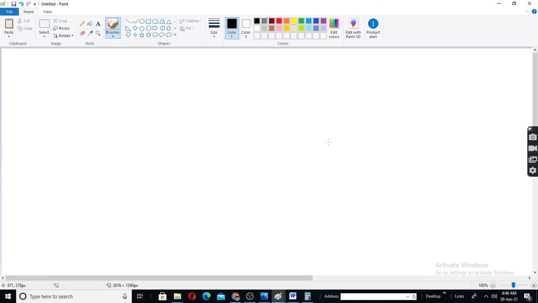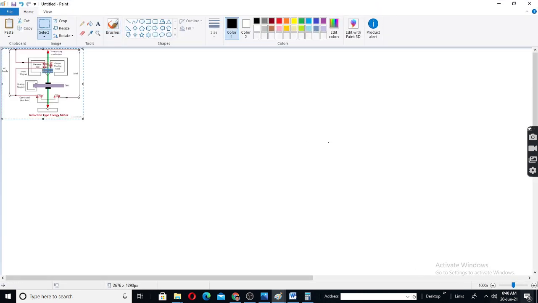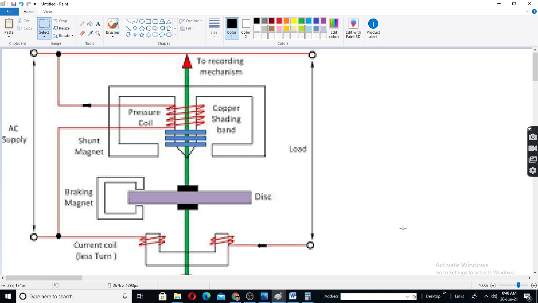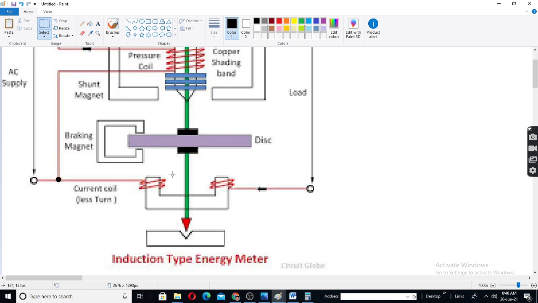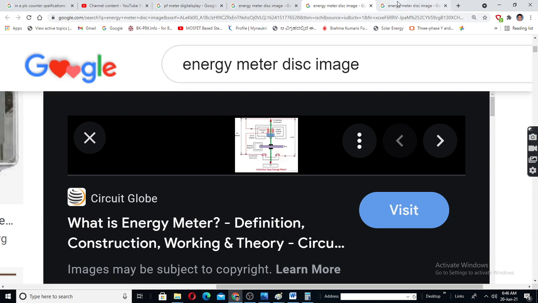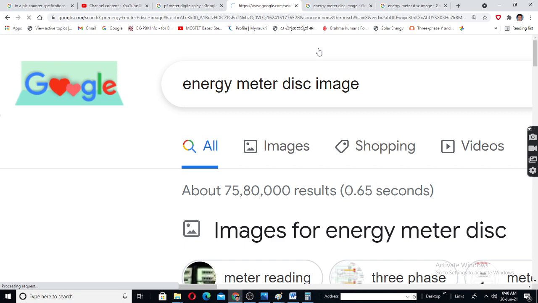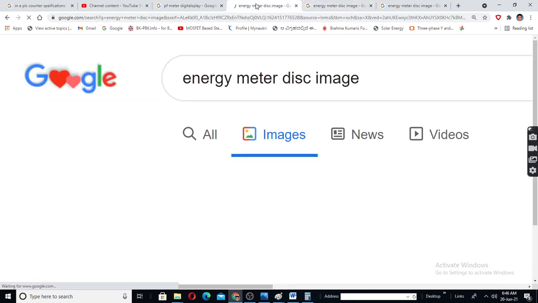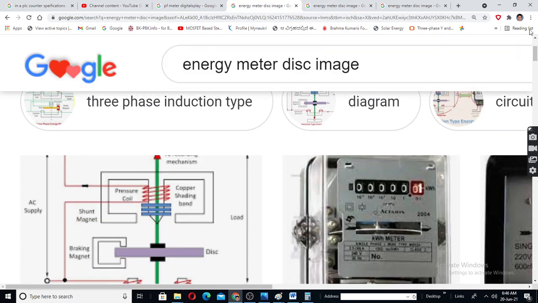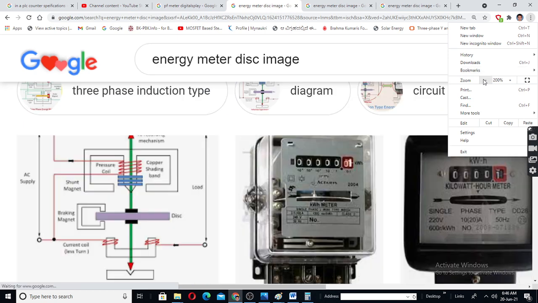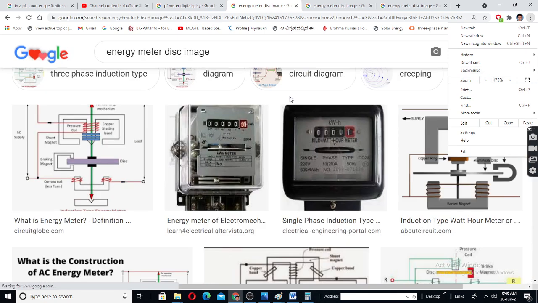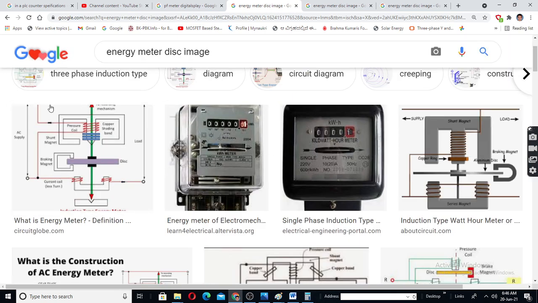Analog type energy meters will have a disk like this. See, this is the disk. This is the circuit diagram. So this is the disk.